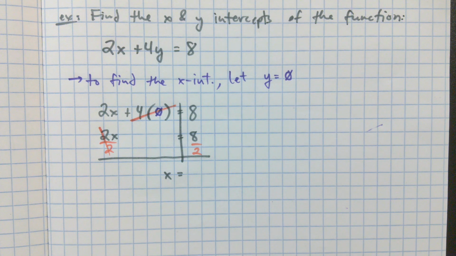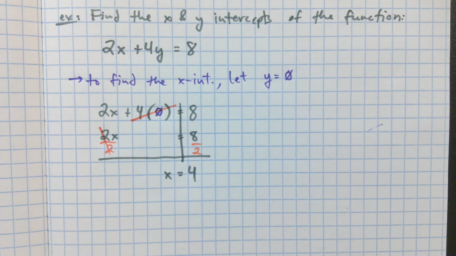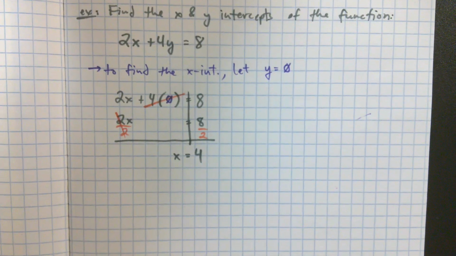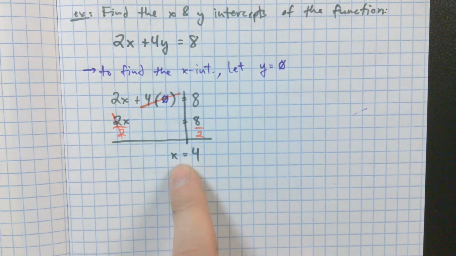What is 8 divided by 2? 4. So for this function, my x-intercept will be 4.